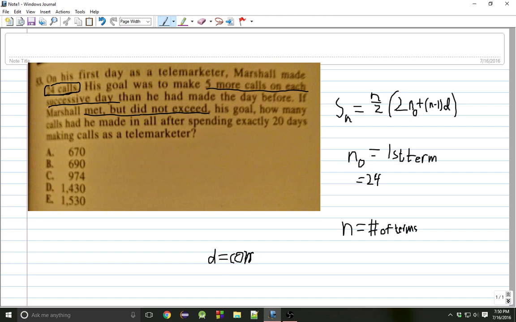Now, what is a common difference? In this case, our common difference is essentially the difference between two terms. And what is that? Well, all we have to do to figure that out is take one term and subtract the term before it.